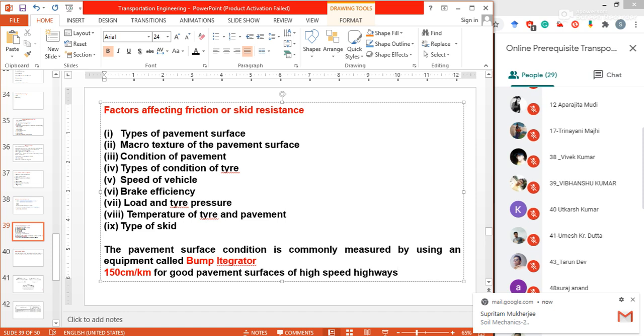And a value of 250 centimeter per kilometer is satisfactory up to a speed of about 100 kilometer per hour. A value more than 350 centimeter per kilometer is considered very uncomfortable even at a speed of 50 kilometer per hour.